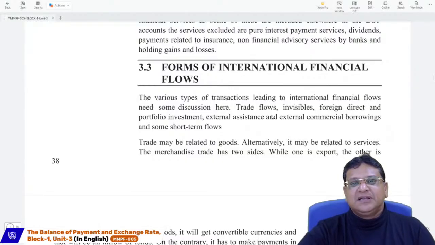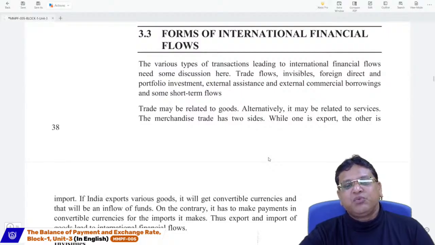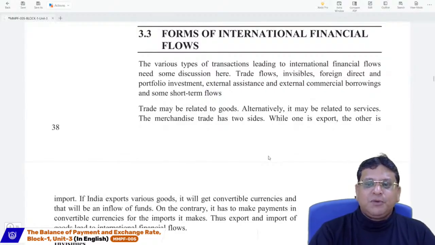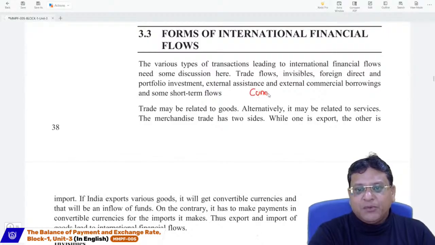Let me first go to forms of international financial flow. What are the different forms of international financial flow? They can be categorized under current account and capital account. What are the current account forms?